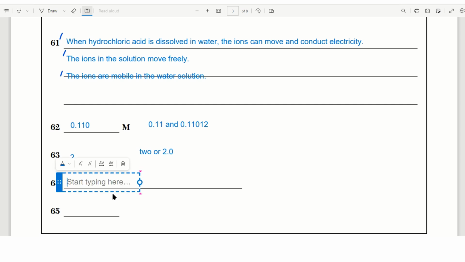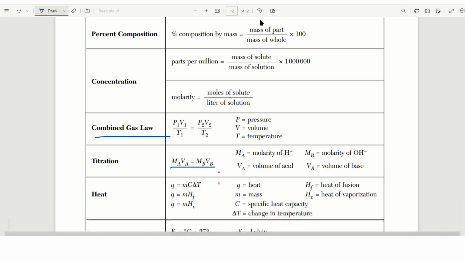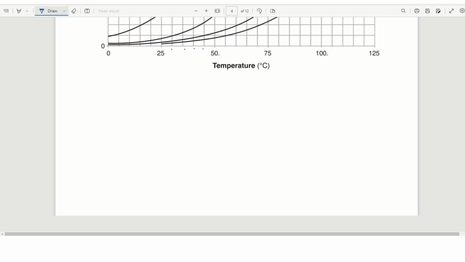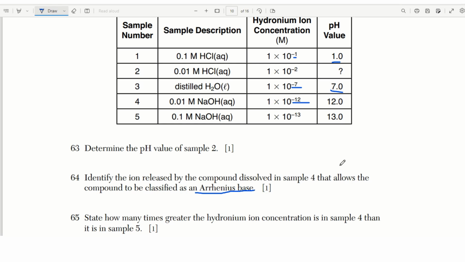Well, I could say OH negative ion, right, or I could say hydroxide ion. And if you forgot the name of that ion, we do have that available in table E right here. You should know Arrhenius bases, right, have OH negatives, and Arrhenius acids have H pluses.